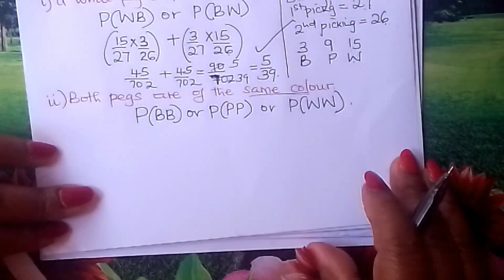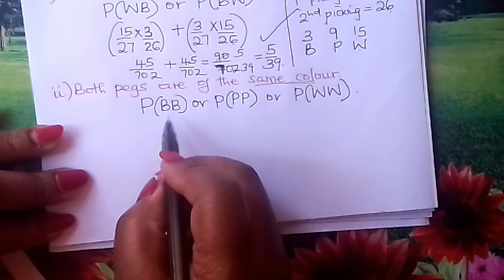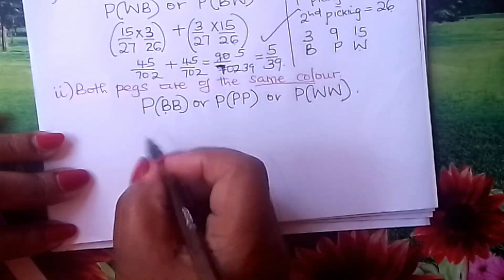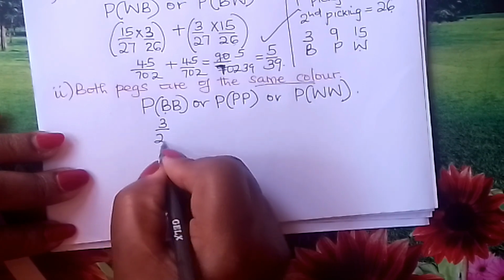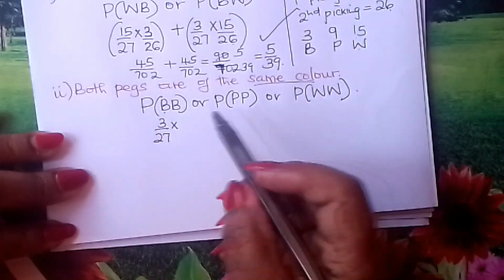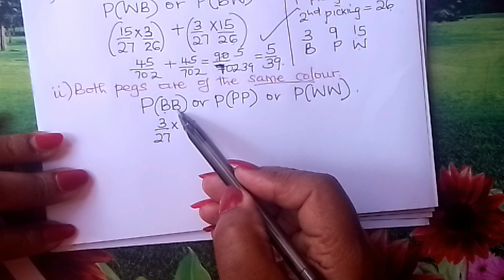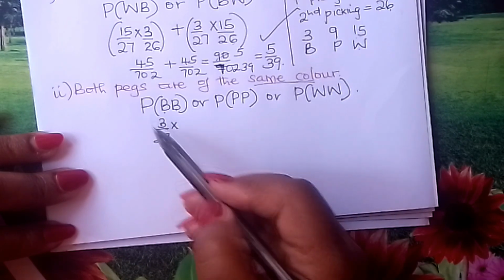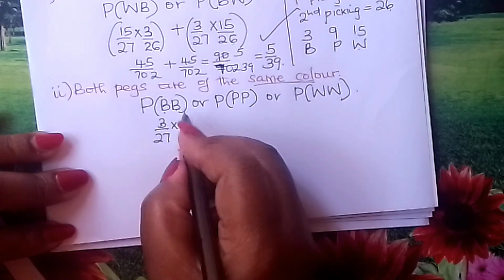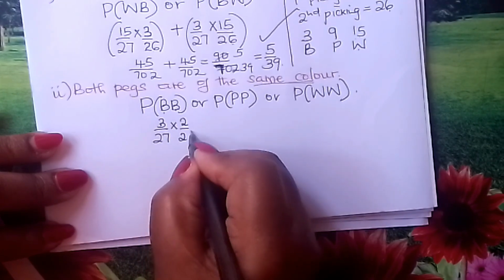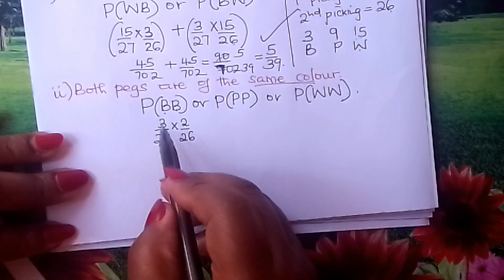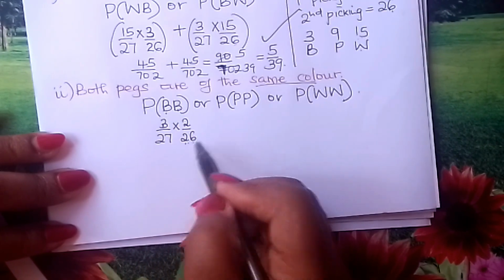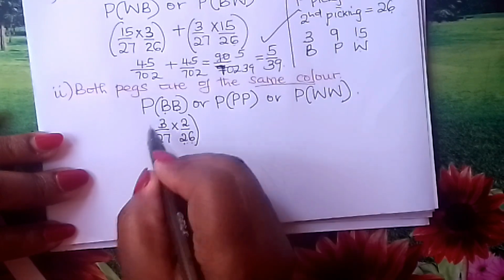We go to the brown. Brown, first picking, there will be 3 out of 27, times what, learners? Picking a brown peg again, there were 3, and once we picked the first one, we did not replace. So we are now remaining with 2 out of 26. There were 3, we picked 1, and therefore 3 minus 1 is 2 out of 26.